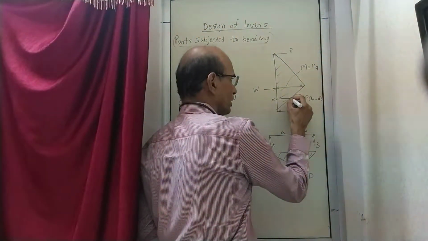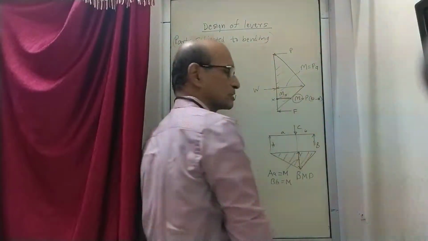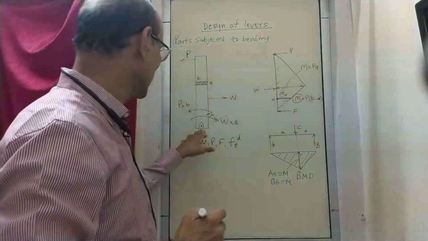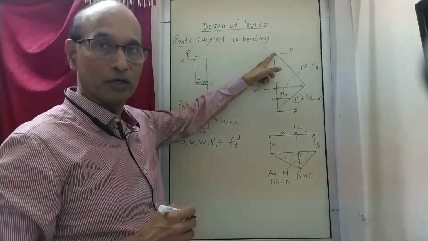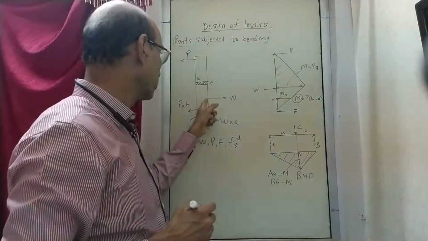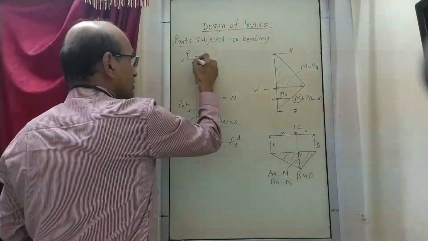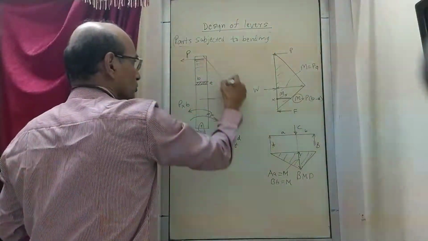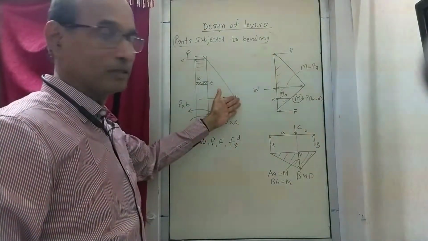If you go here, this much is the amount of bending moment acting at X. That means on this lever there is a bending moment acting which will be 0 here, and maximum at this point. Here it is 0, it will increase, it is maximum here, and again it is 0. Maybe this is the way you can show how the bending moment is varying on this lever.